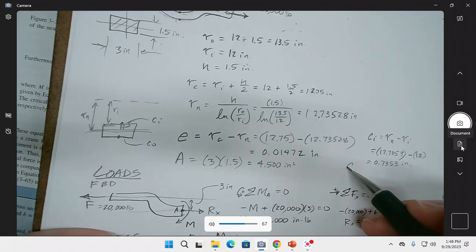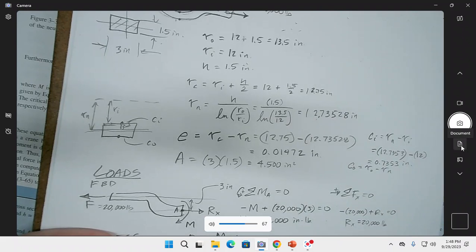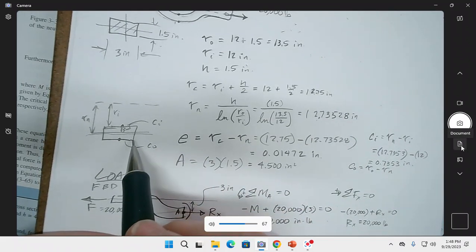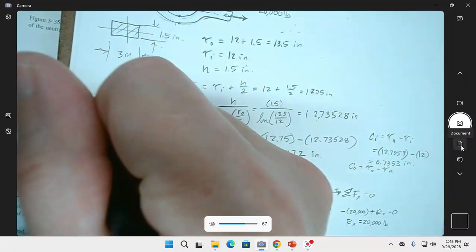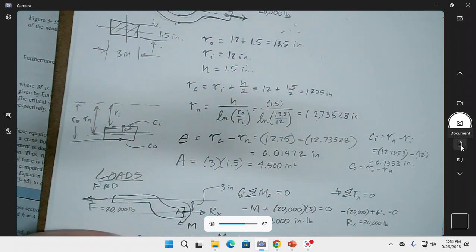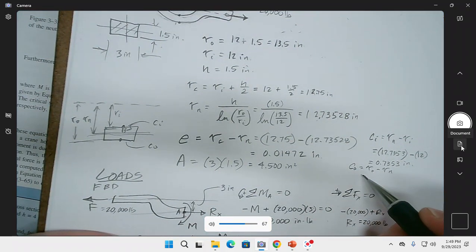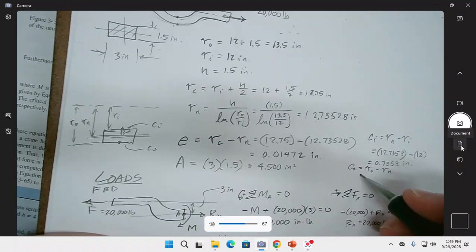Good. CO is now going to be RO minus RN. It's going to be this one right here, right? So that is, we got that wrong a couple times, 13.5. I said we, by which I meant me.